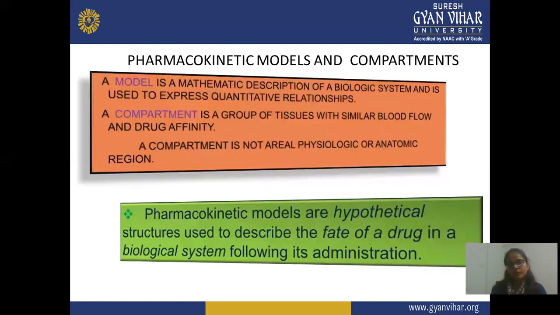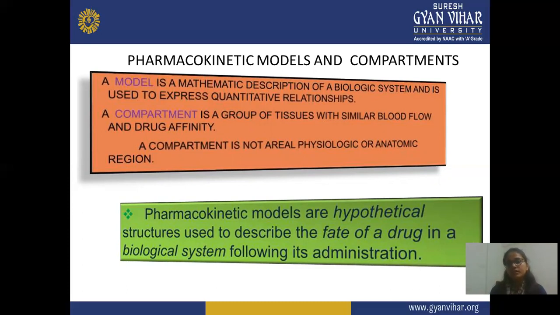Next, we come to the pharmacokinetic model part, the pharmacokinetic model or compartment. A model is a mathematical description of a biological system, and it's used to express a quantitative relationship. Meaning, with a mathematical representation of a biological system, we express a quantitative relationship or some information regarding a particular drug, and that is known as the model.